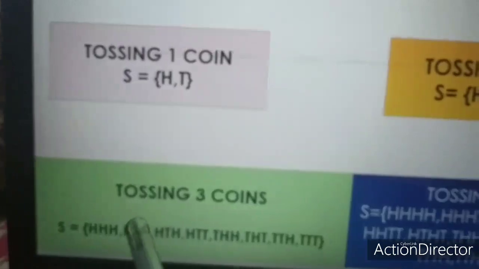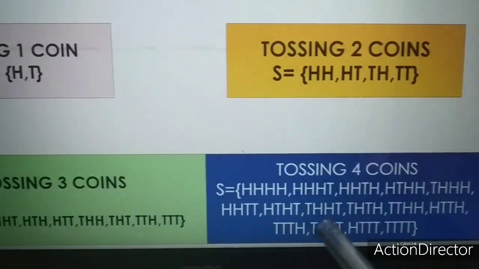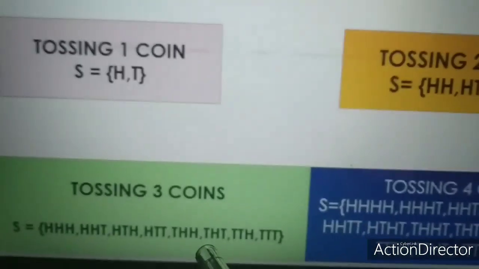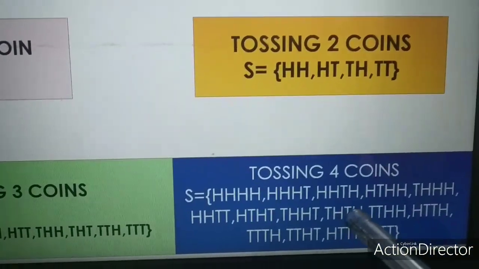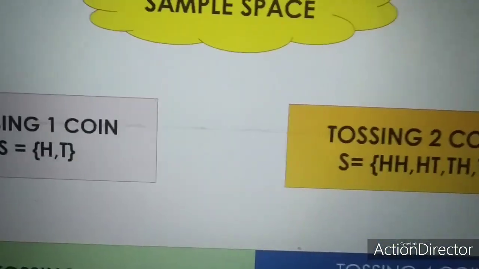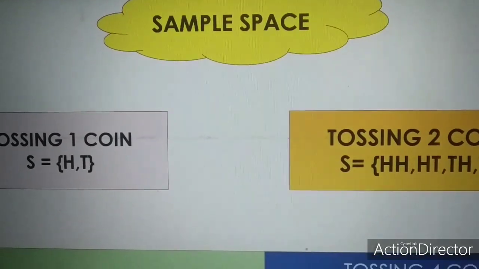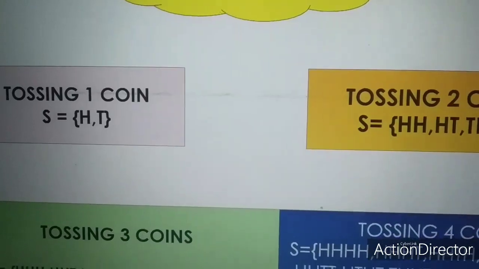Similarly, the sample space is there for while you toss the coin three times and four times. While you toss the coin three times, there are 8 possible chances, and while you toss the coin four times, there are 16 possible chances. Just like I told the formula for dice, here you also have the formula to find the number of outcomes in the sample space. The formula is 2 power n.